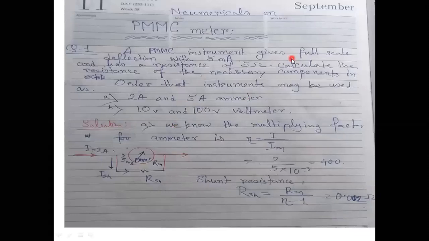Full scale deflection current is given here. Total is there. 5 ohm resistance is there. We need to measure with a 10 volt and 100 volt voltmeter. Once we need to measure 10 volt, and another time we need to measure 100 volt. Okay, this is the main thing.